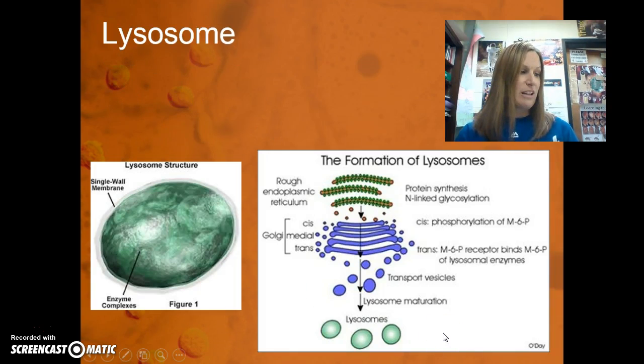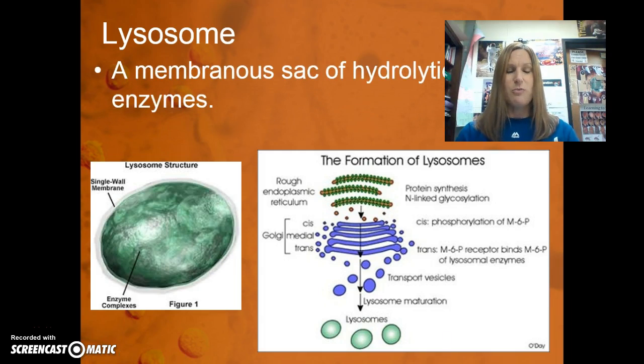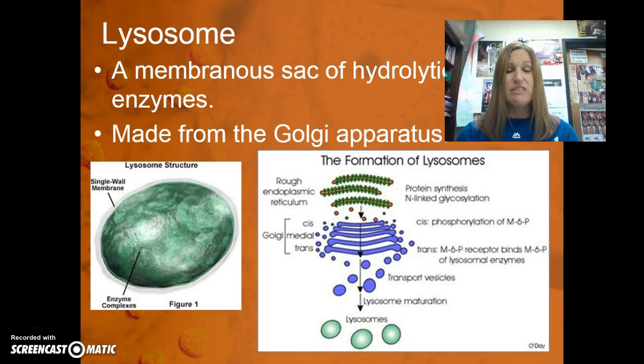Okay, so let's talk about lysosomes here. A lysosome is a membranous sac of hydrolytic enzymes. And these are made from the Golgi apparatus. So if we look at this, it's a single membrane that surrounds the enzymes, and inside are a bunch of enzymes. Okay, so how do lysosomes come to be?